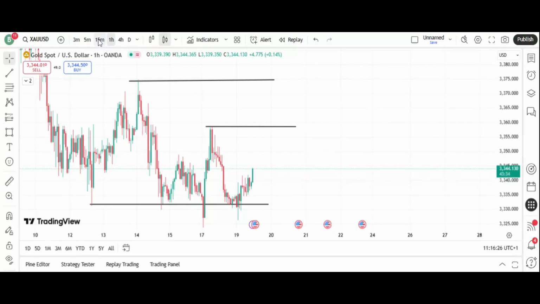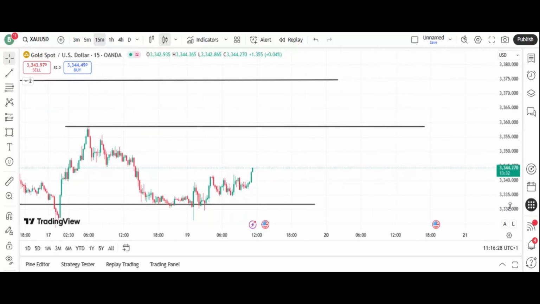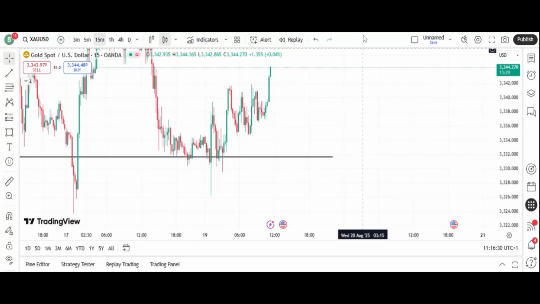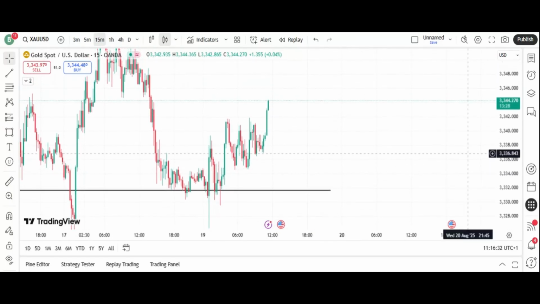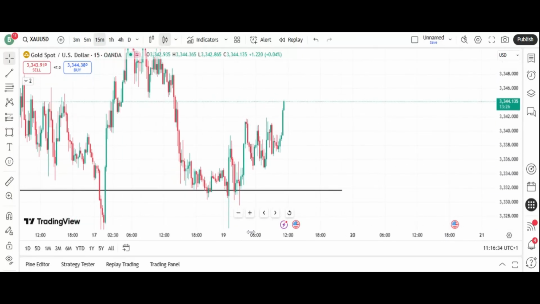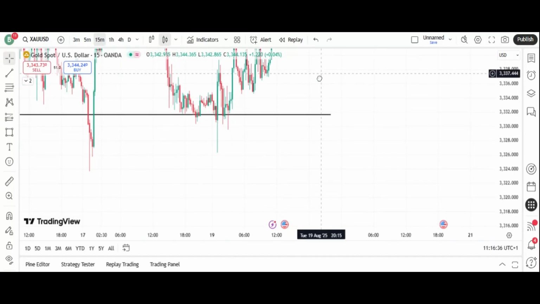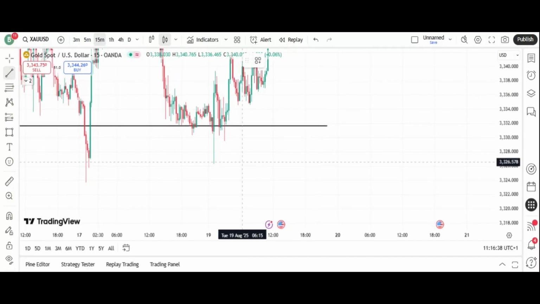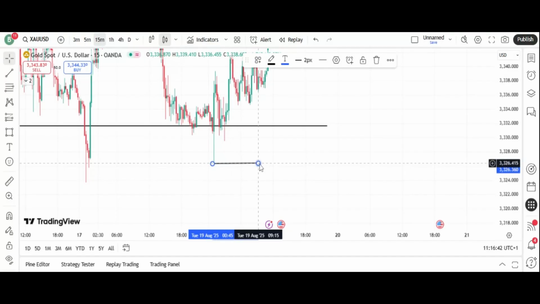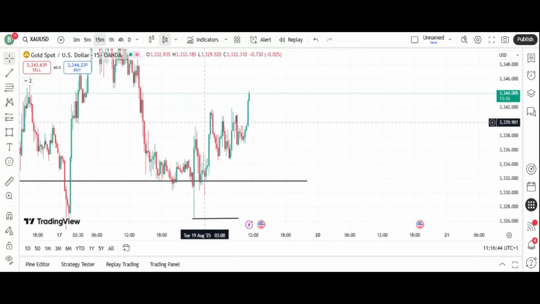So when I go to my 15 minutes, because I'm looking for a bullish structure to get to that direction, yes, and I got one here. So what do we see here? Now we have to draw our low. Then where is our high?